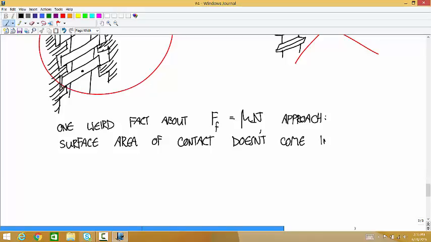So it doesn't come into the calculation. It's very confusing that that's the case, and it turns out that's not entirely true, but that's the way you do this calculation.